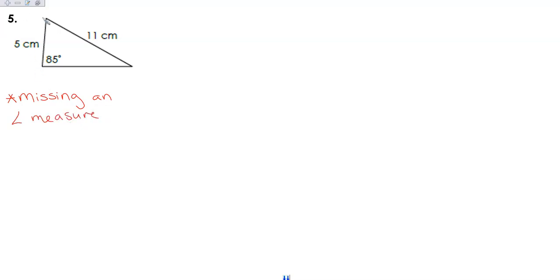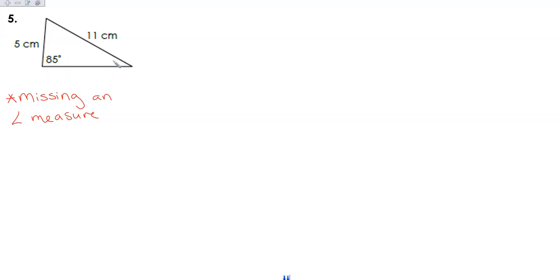All right, let's take a look now at what happens if we're missing an angle measure. All right, so I've got the two sides, but I don't have the angle that's in between them. So what we are going to do is find this angle. The reason I can't start by finding this angle is because I don't have this angle or the side across from it.